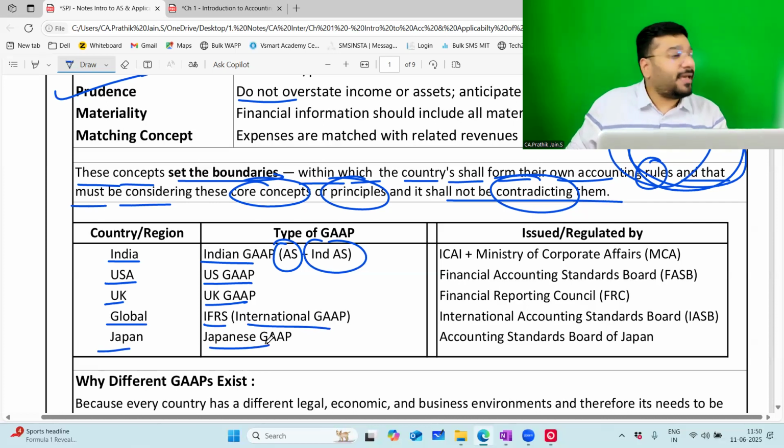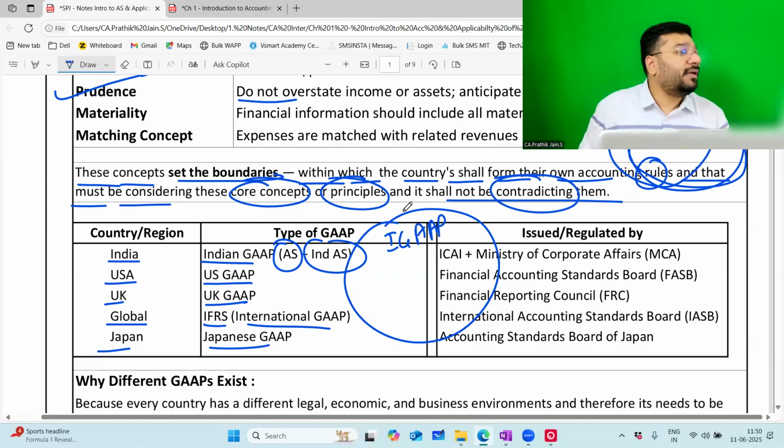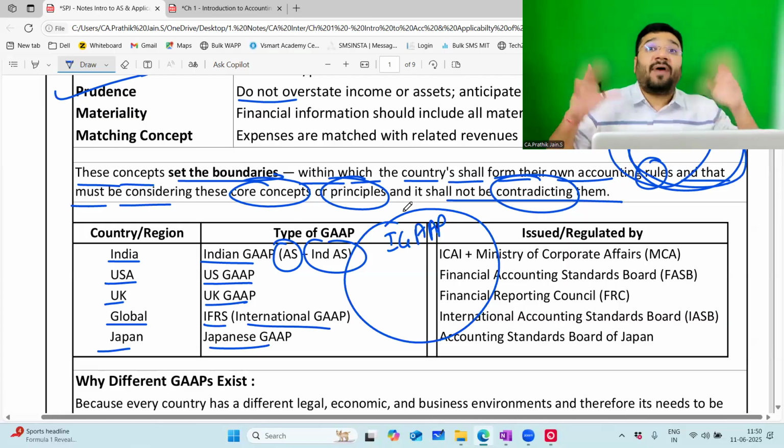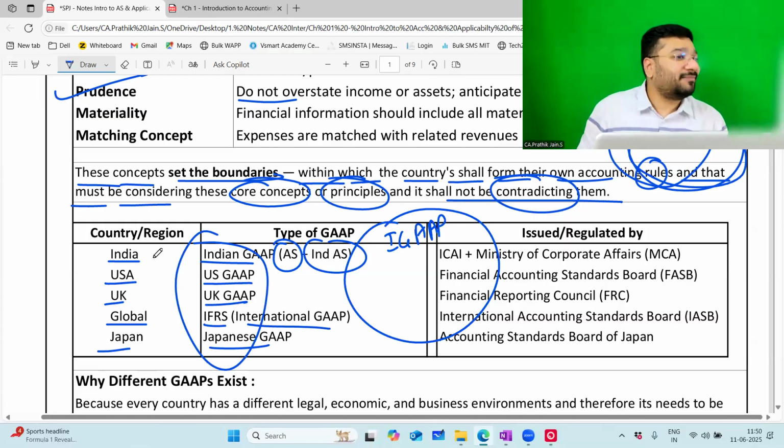Japan has got Japanese GAAP. So all these GAAPs come within the framework of GAAP. Indian GAAP is coming within the framework of GAAP. US GAAP is coming within the framework of GAAP. So GAAP, you can say, is the father of all these. These are all sons and daughters within that.